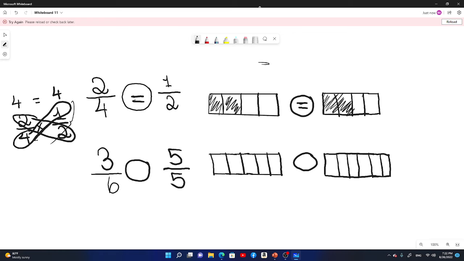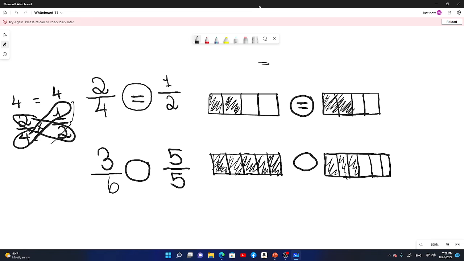Sorry about that. So now we are going to shade in the parts. For the 5, we have to shade in all the parts, which is 5. And for 3/6, we have to shade in 3 parts.